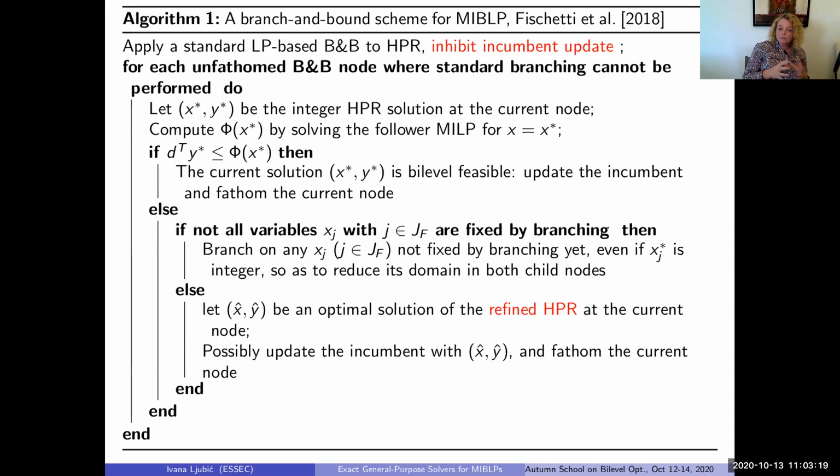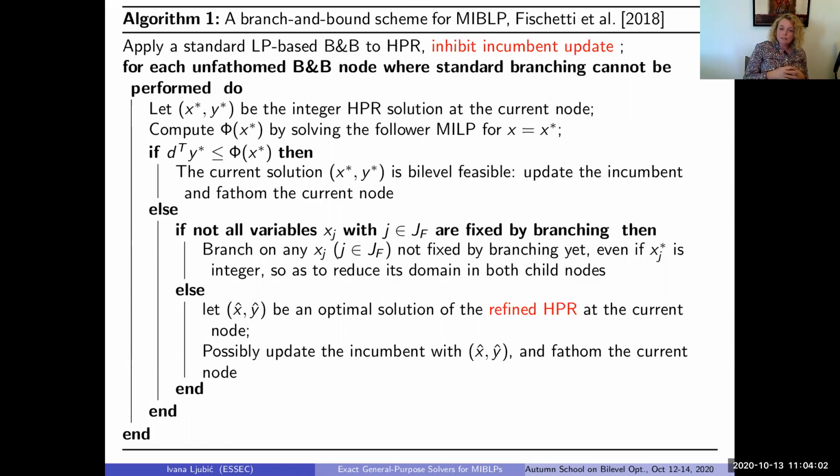The idea is that we solve the HPR relaxation first, and then we apply disjunctions based on the branching decisions within the HPR relaxation, and we collect the best incumbent solutions on the fly. Until we find a vertex of the HPR relaxation which doesn't satisfy integrality conditions, we can rely on the standard branching and cutting strategies, which are embedded in the general purpose solvers, like CPLEX or Gurobi.